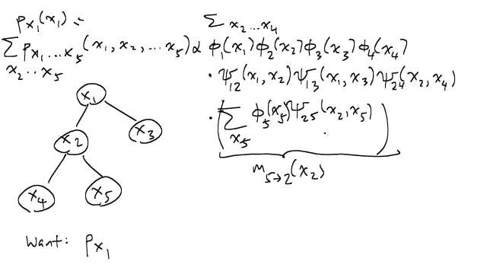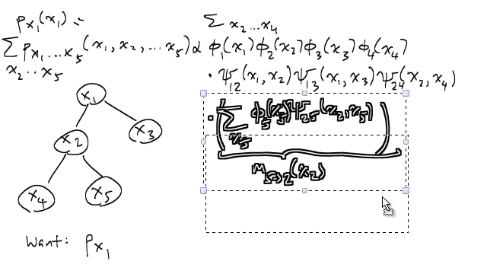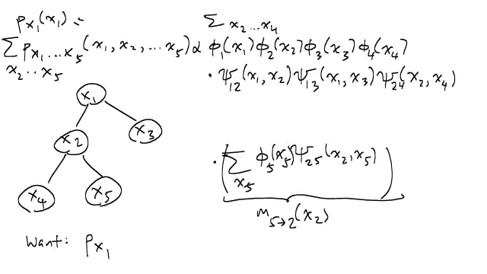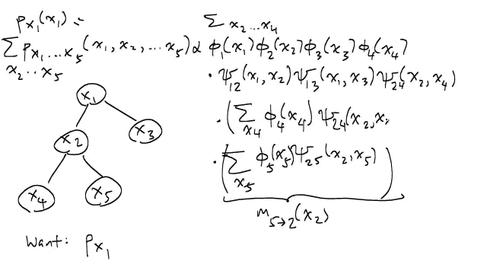The next thing we notice is that we can also push in the summation for x4, where the only 2 terms are this phi4 and psi24. So I'm going to repeat what I just did. Going to push in the summation for x4, and I'll have these 2 terms here.